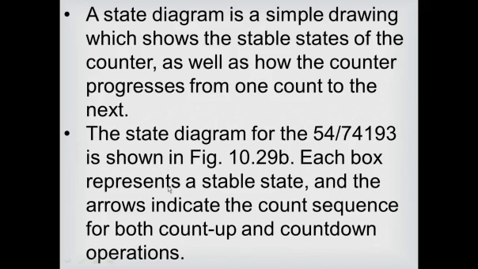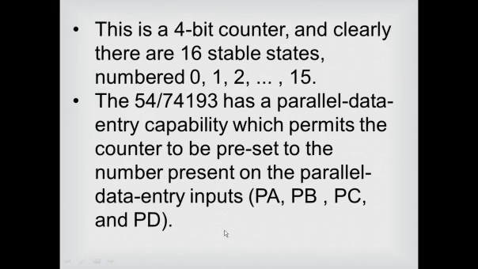Each box represents a stable state and the arrow indicates the count sequence for both count up as well as count down operation. This is a 4-bit counter and clearly there are 16 stable states which can be numbered 0, 1, 2, 3 etc. up to 15, and hence there are 16 discrete states and hence it is called a modulus of 16 counter.